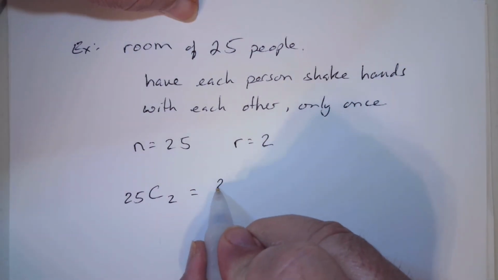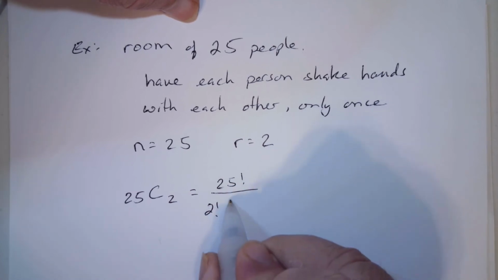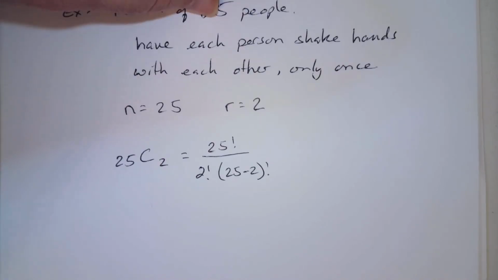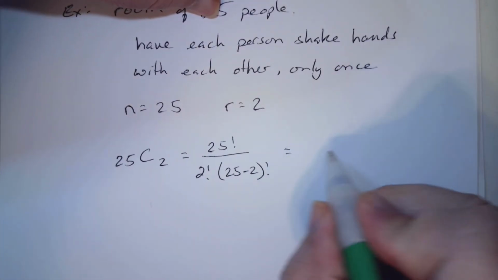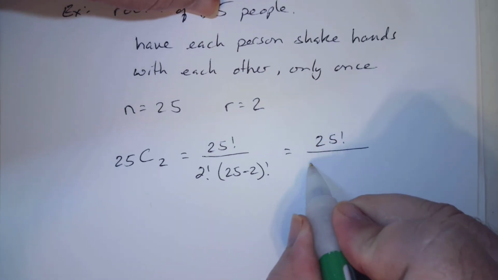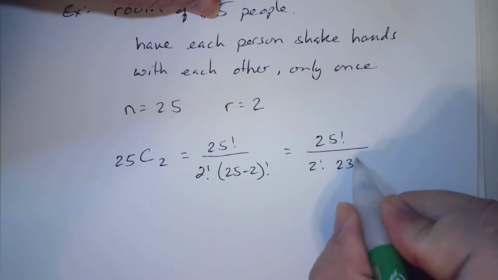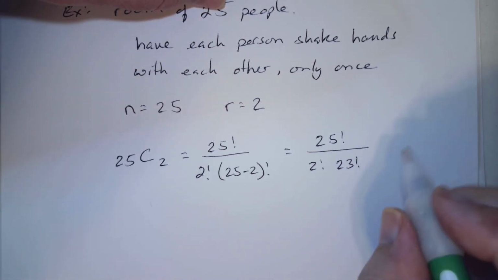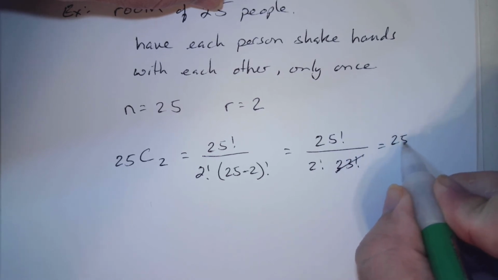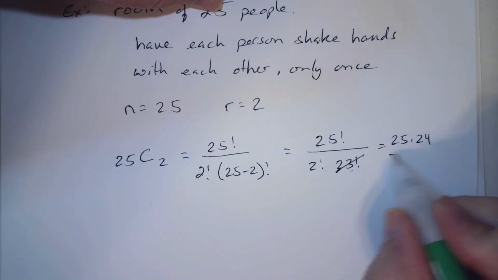So we have 25 factorial over 2 factorial times 25 minus 2 factorial. 25 minus 2 is 23 factorial. So 23 down to 1 is gone, so we have 25 times 24 over 2.